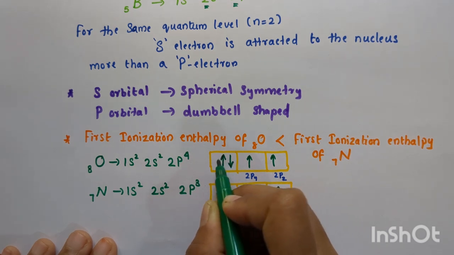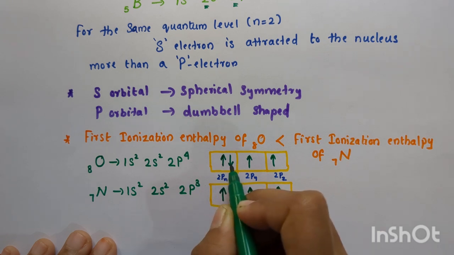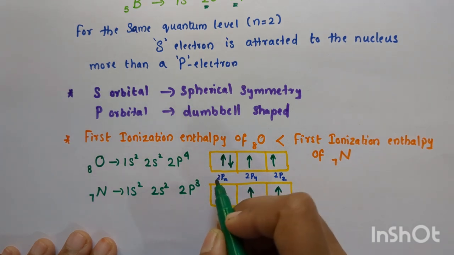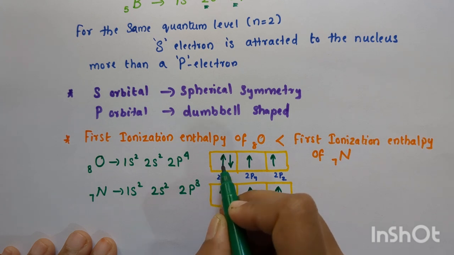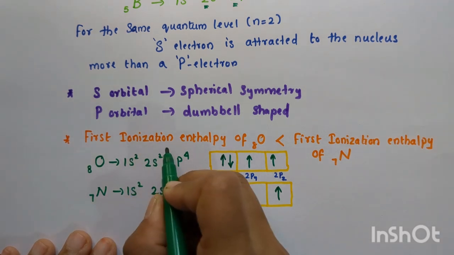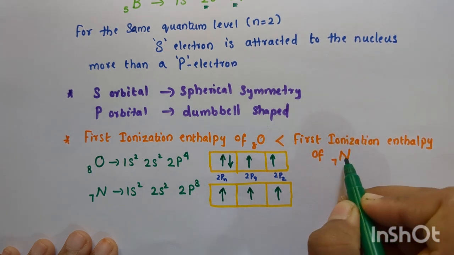When two electrons are near to each other, electrons having the same charges, negative, negative, there will be a force of repulsion between them. So there will be an increased electron-electron repulsion here in the case of oxygen. So it is easier to remove the fourth 2p electron from oxygen than to remove the 2p electron from nitrogen. That is why the first ionization enthalpy of oxygen is less than the first ionization enthalpy of nitrogen.